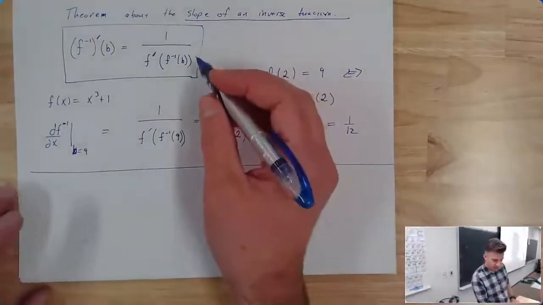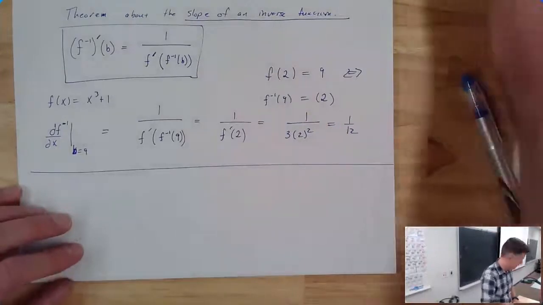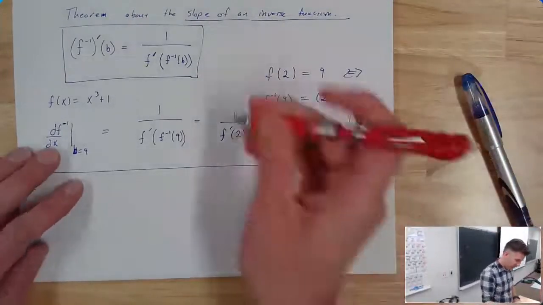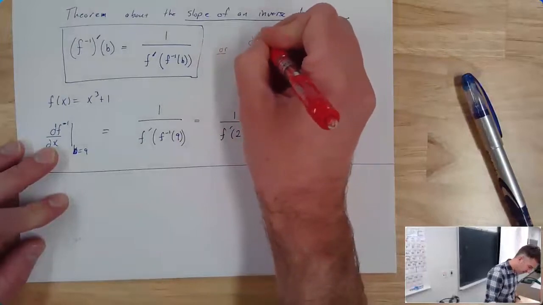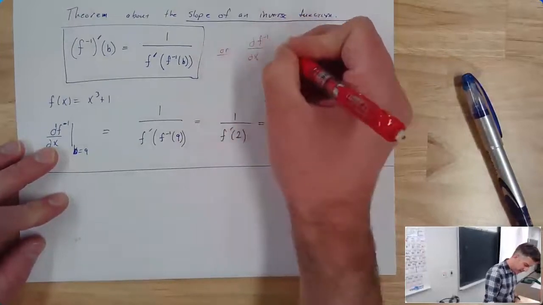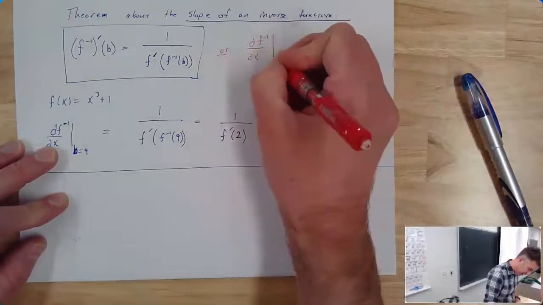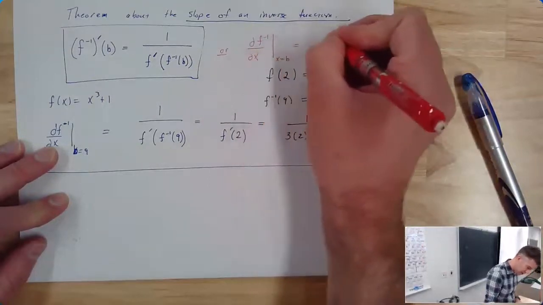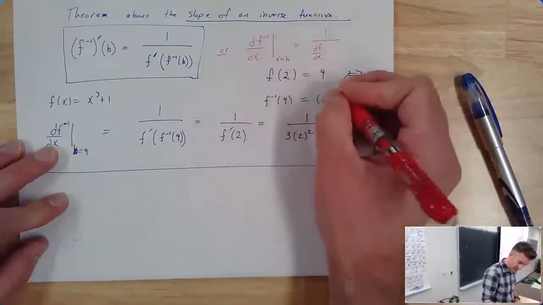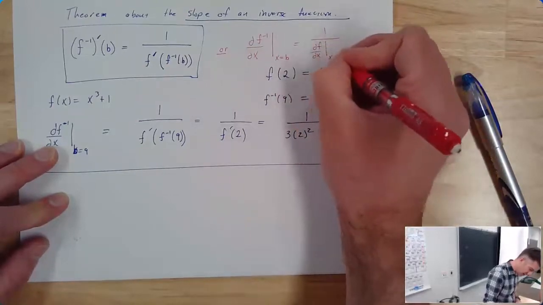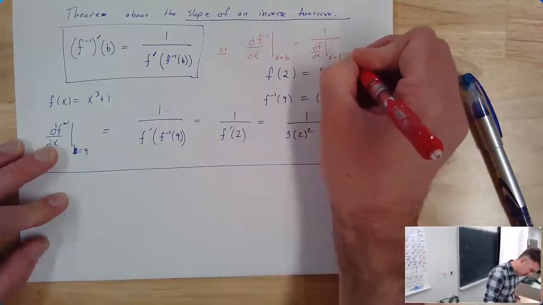Sorry, I should point out there's other notation for this, just so everyone can see it before we go on. The other way people often write this is as the derivative of f inverse with respect to x evaluated at x equal to b is 1 over the derivative of f with respect to x evaluated at x equal to the inverse of b.